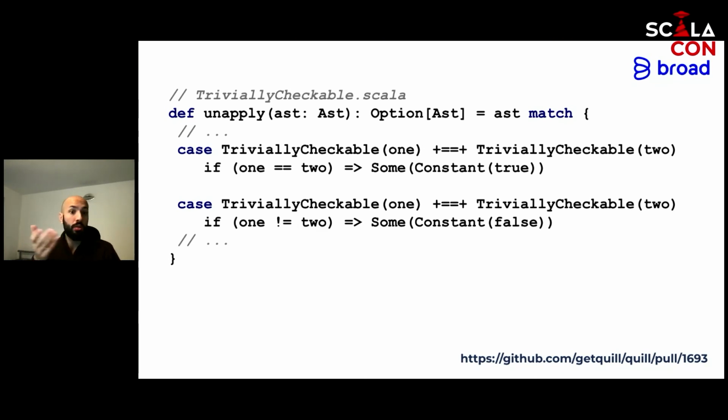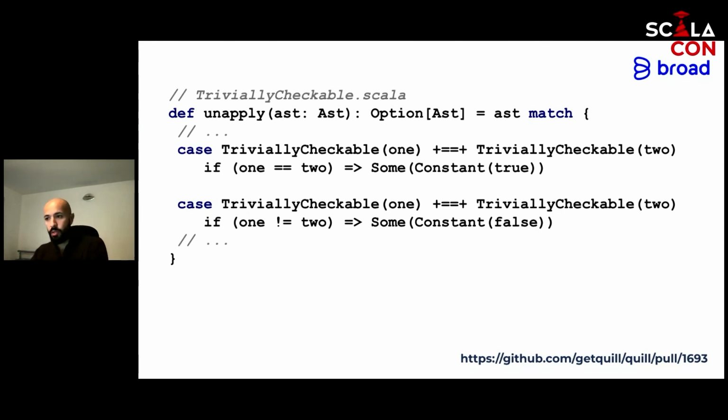This is similar to the concept of beta reduction, but outside of the context of beta reduction, where I look at the code and I'm replacing that with something that's equivalent. So what I do is, if I know that both of them are trivially checkable, I could generate this constant of true or false.